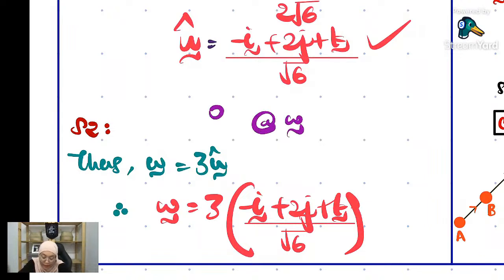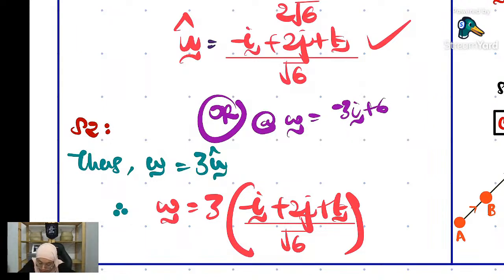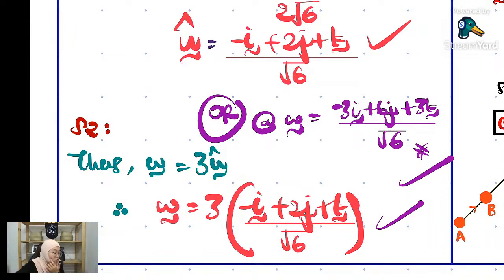I give two answers, yes. Or we can write our answer in the form w vector is equal to negative 3i plus 6j plus 3k over square root 6. Yeah, actually both are acceptable anyway.